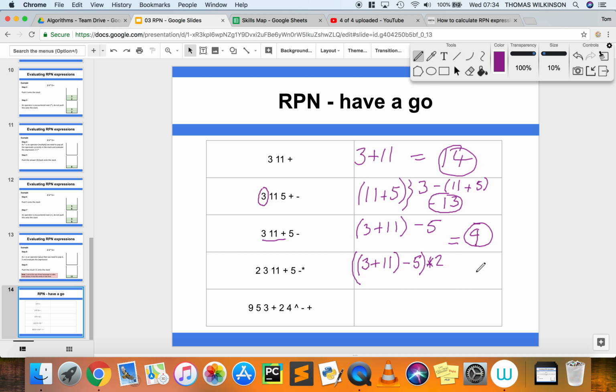So there's going to be 8. So we're going to have 8 here. 2 to the power 4 is going to be 16. So 8 minus 16 is obviously going to be minus 8. Then add 9 to it is going to give us an answer of 1.